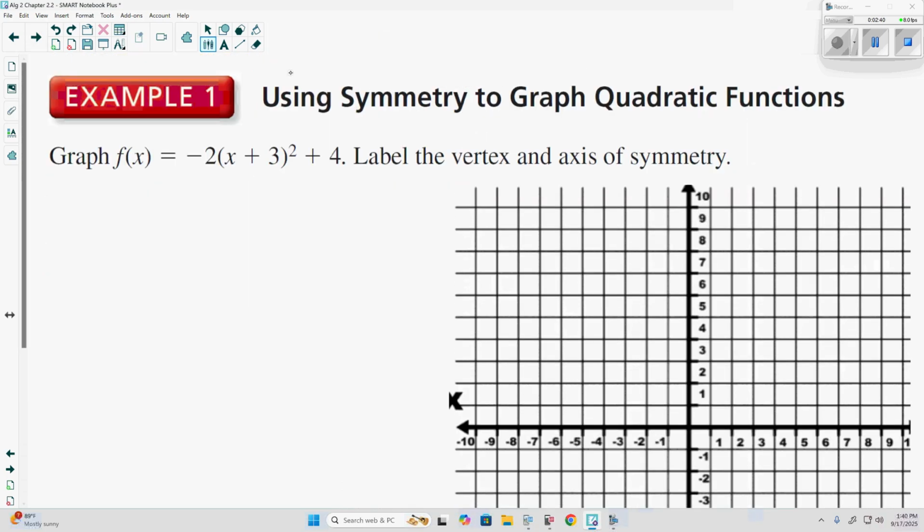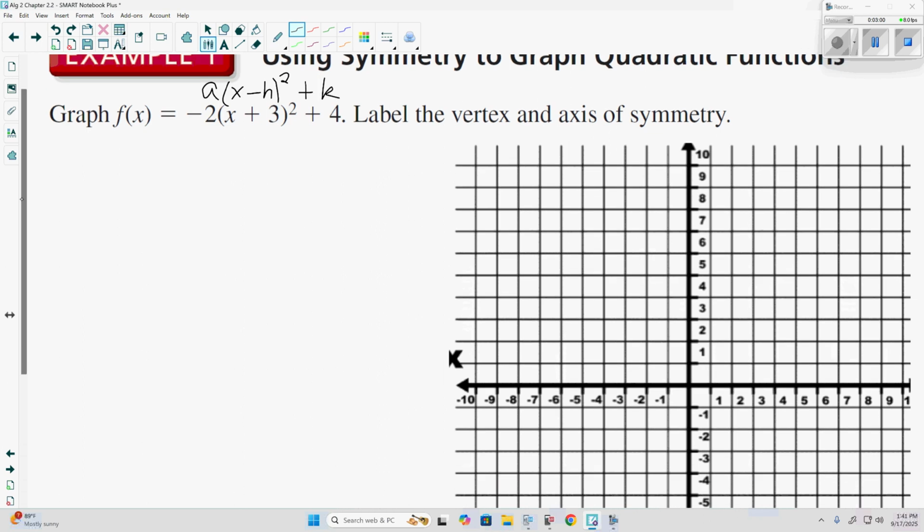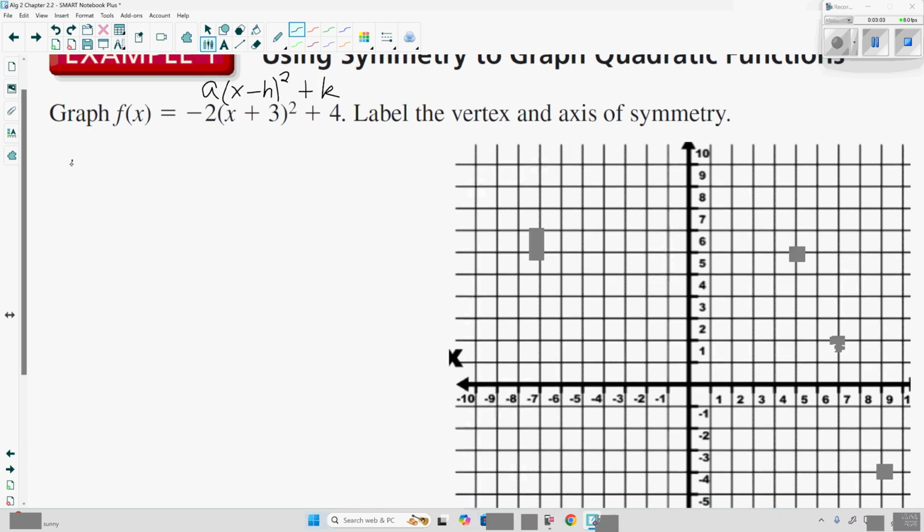So, if we look at this first example, a times x minus h squared plus k is the general form. And if we match the equation given to us, negative 2 times x plus 3 squared plus 4, the value of a, h, and k, well, a is going to be what?